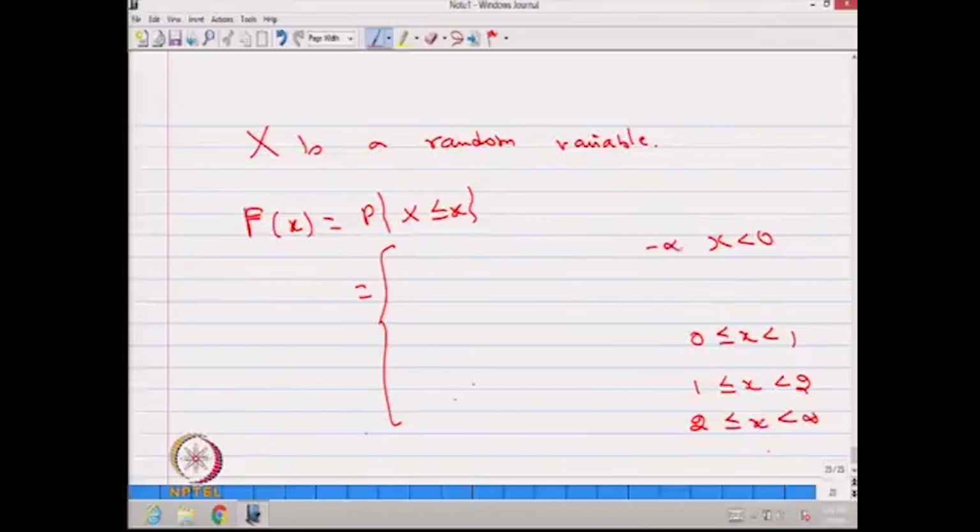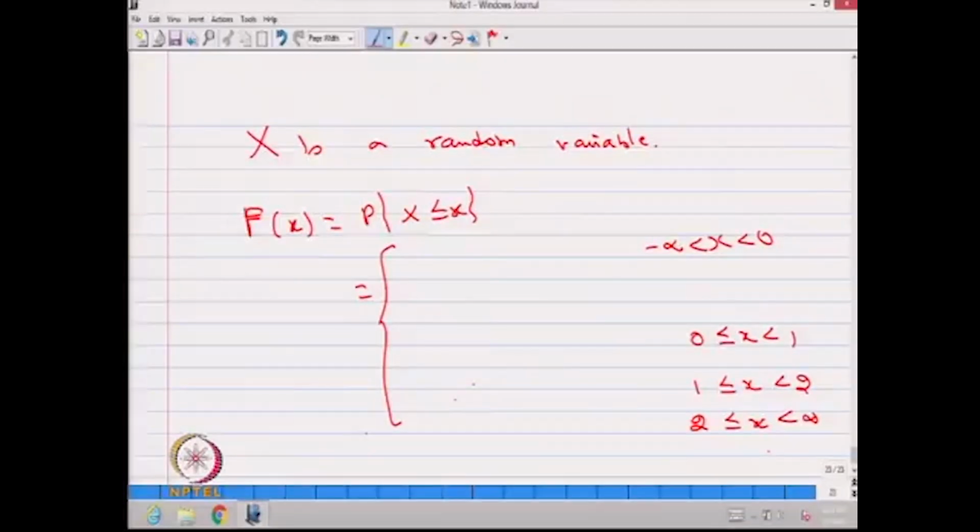So this is minus infinity to 0. So what is the value when x lies between minus infinity to 0, excluding 0? Then when x lies between 0 to 1, then x lies between 1 to 2, then 2 to infinity.